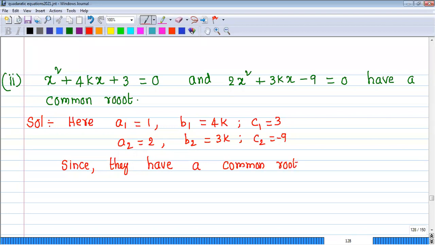Since they have a common root, the condition to be satisfied is (C1A2 minus C2A1) whole square equals (A1B2 minus A2B1) multiplied with (B1C2 minus B2C1).